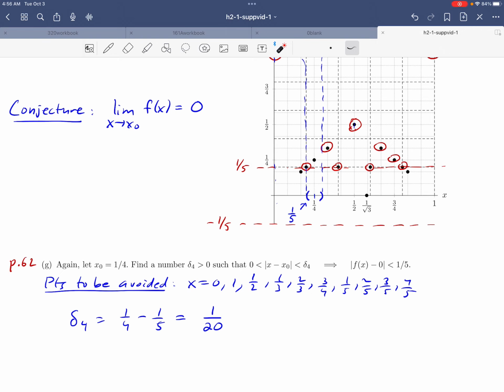It will always be possible to choose a delta small enough to avoid the finitely many points that don't work, that are outside of our neighborhood, and therefore what we ultimately reach is the conclusion that this statement is plausible, that the limit of this function really is 0. And if you want to see the proof of that, you can look at Part H on page 62 of the workbook from the notes.